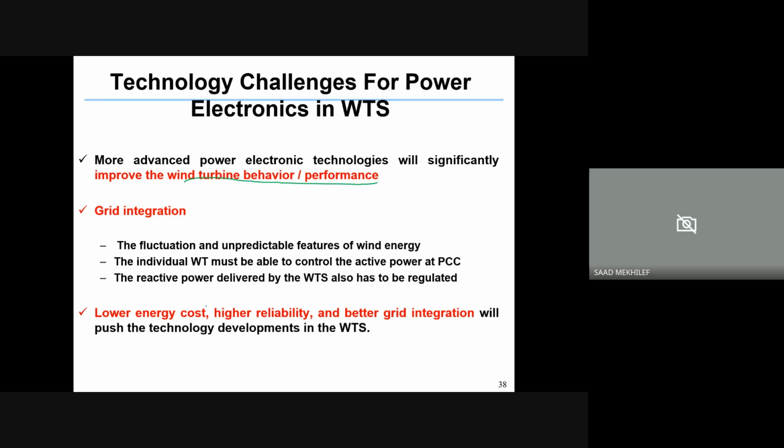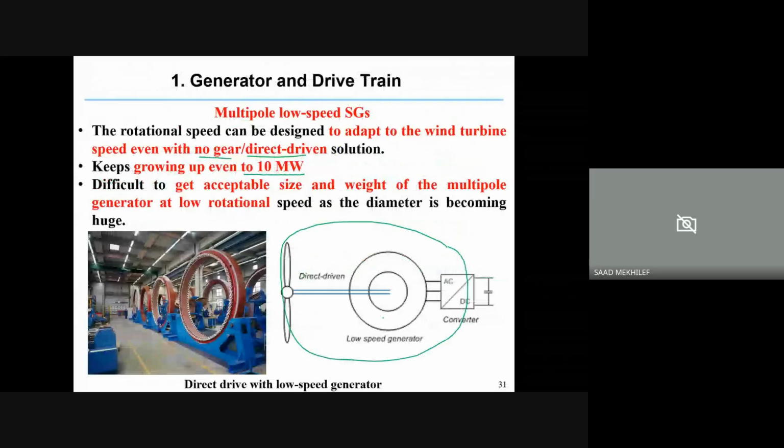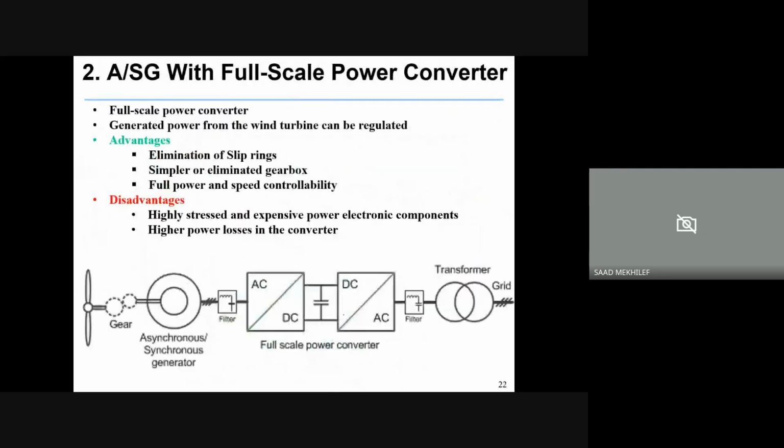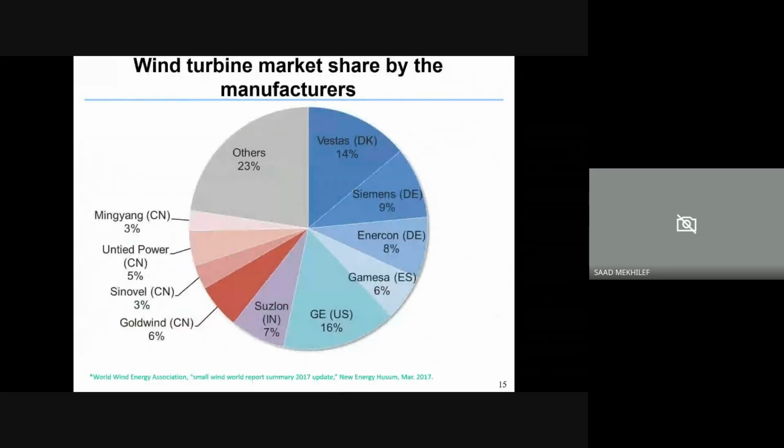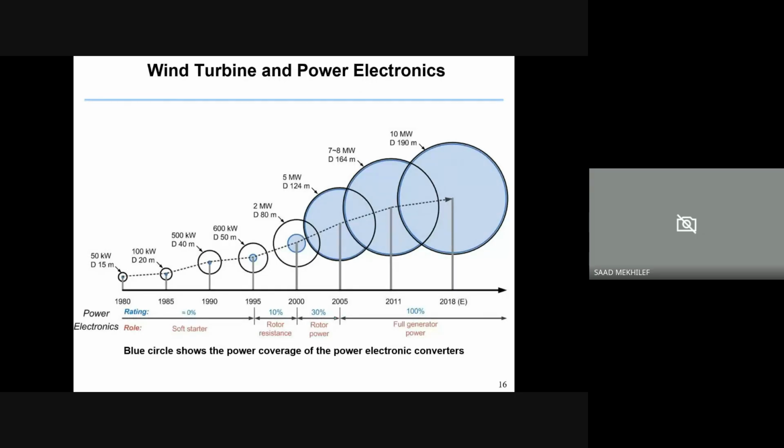I'm not sure I have shown you this slide. So, the use of power electronics in wind turbines. You can see here, at the start of the 80s, almost zero power electronics.